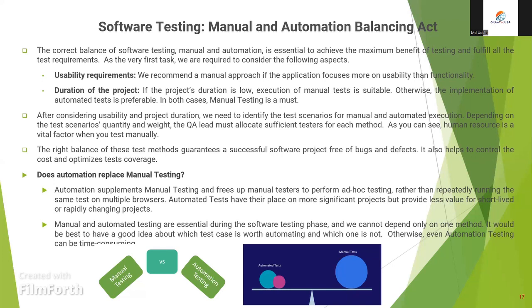So both manual and automated testing are essential during a software testing process, and we cannot depend on only one method. We need to have both of them, and it would be best to have a good idea about which test cases are worth automating and which are not. Otherwise, even if you are doing automation testing, it is a waste of time, because your outcome will be faulty and it will not match your requirements.